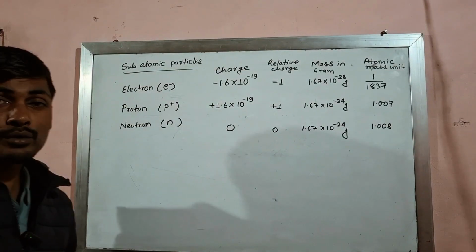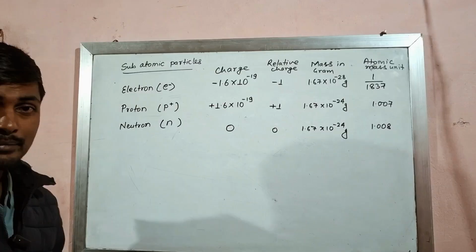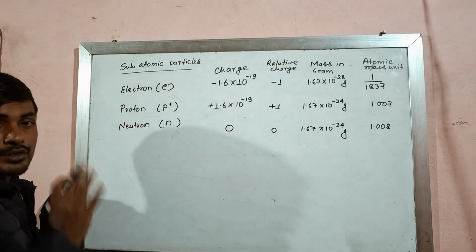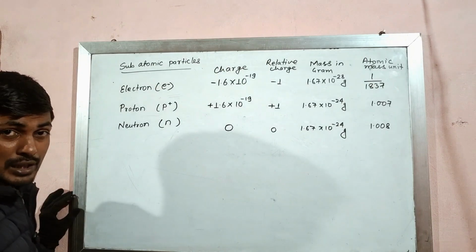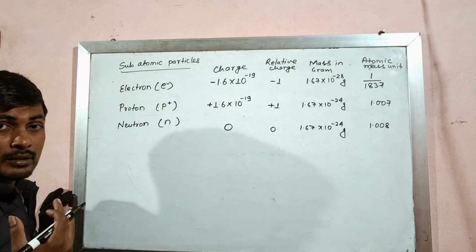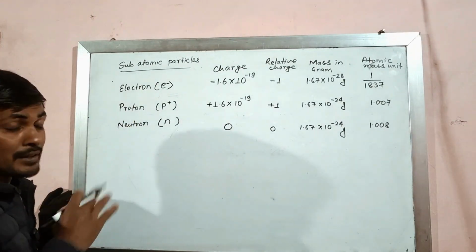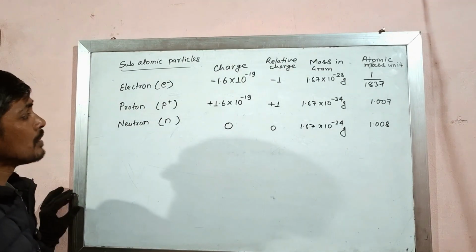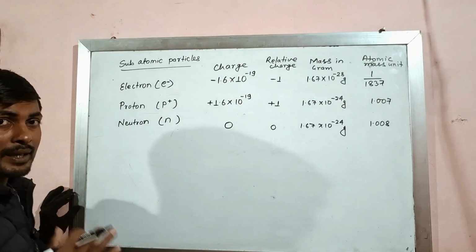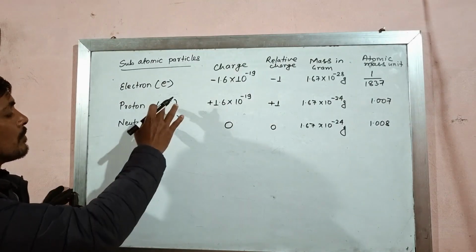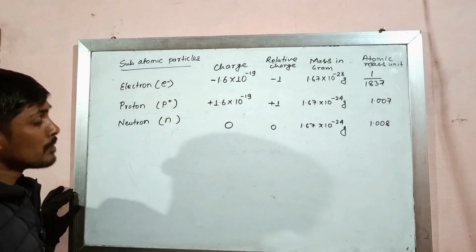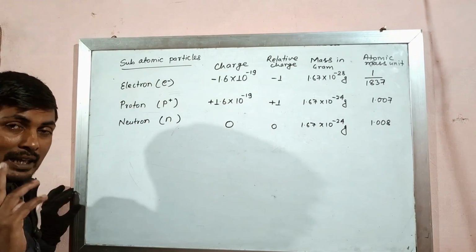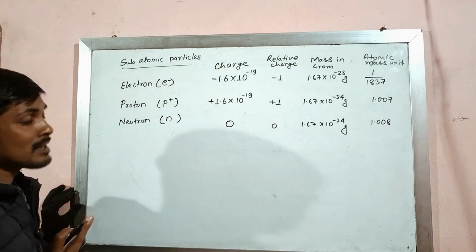So this is about the subatomic particles. As I have told you about the charge or relative charge, number of electron, proton and neutron in the atom. Here, neutron number may differ from proton and electron, but number of electron and proton in every atom is always equal.